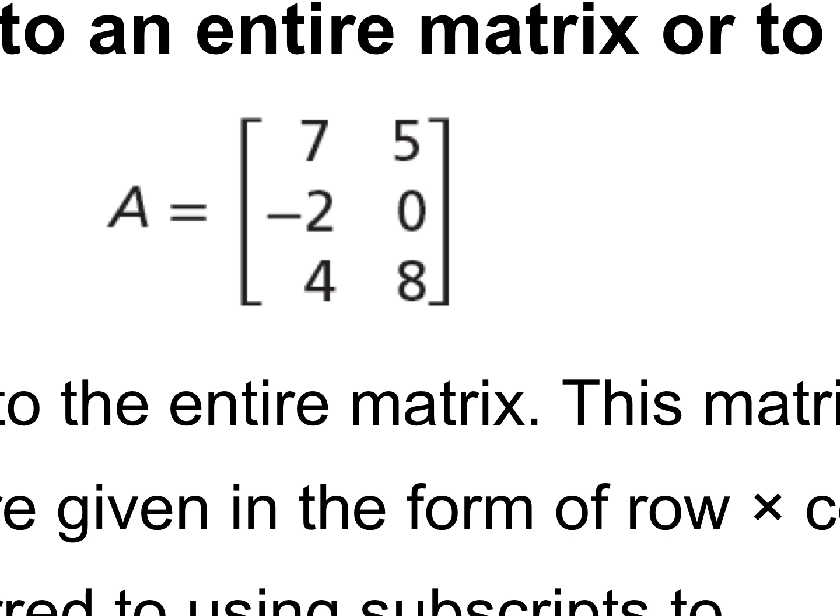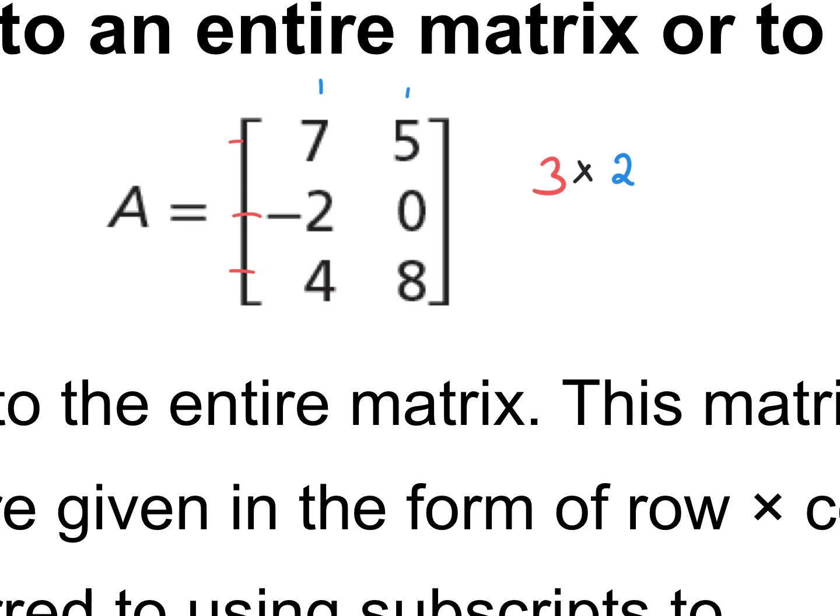How many rows? 3. So we have 3 rows by how many columns? 2 columns. Yep, rows are side to side. Columns are up and down. Yes, this is the name, a 3 by 2 matrix.